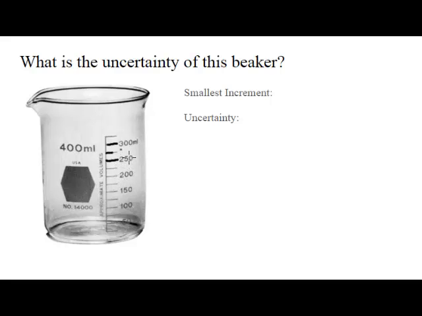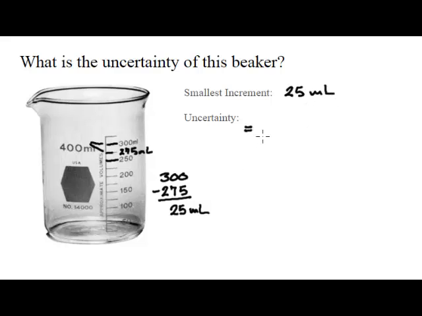But I can interpret that that's 275 milliliters. So what is the smallest increment from here to there? If you're uncertain, could I take 300 milliliters and subtract 275 to give me a grand total of 25 milliliters? That is the smallest increment on my measuring device.